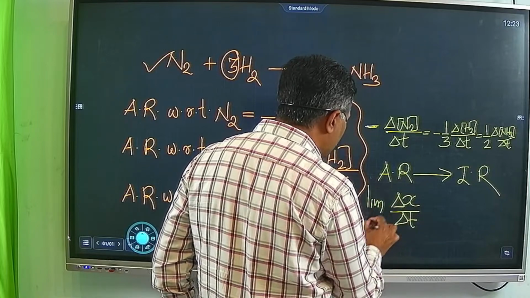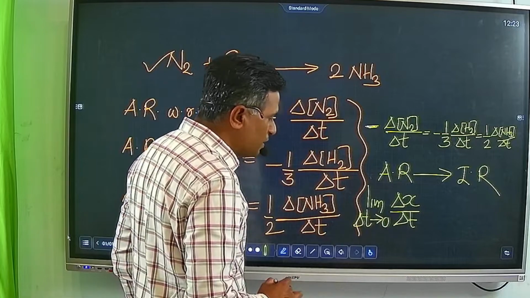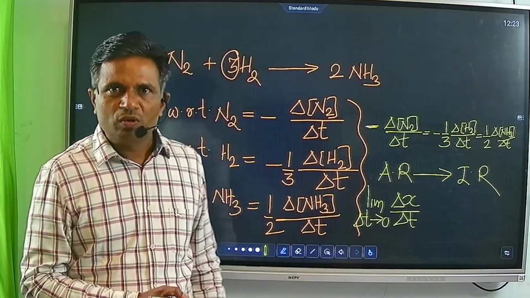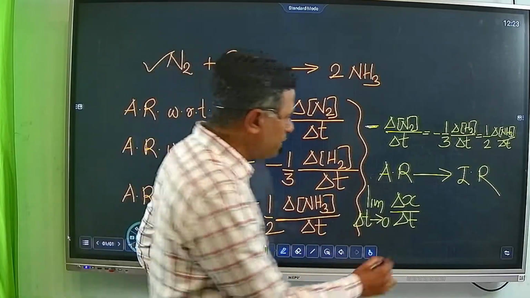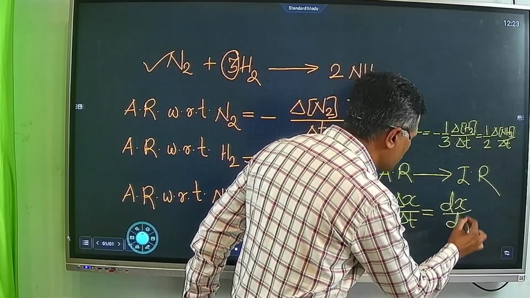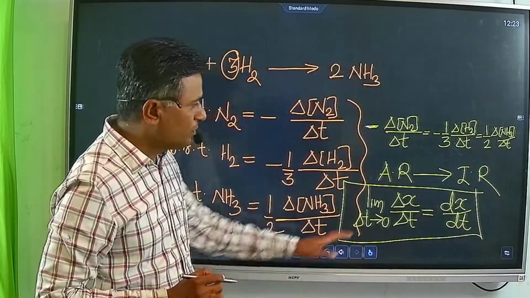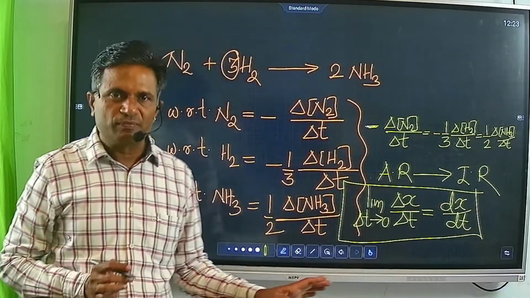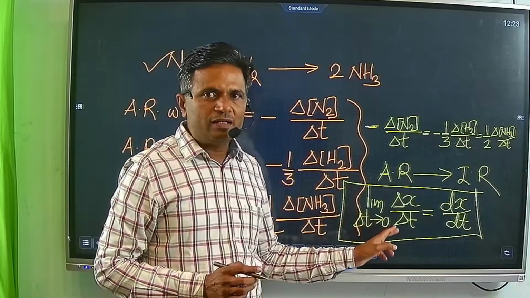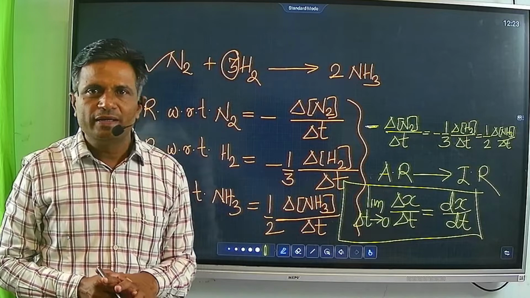If this time interval reaches approximately 0, at that time you get the instantaneous rate expression. So we get the instantaneous expression from the average rate expression. That means if delta t tends to 0, it is going to convert into the instantaneous rate of reaction.